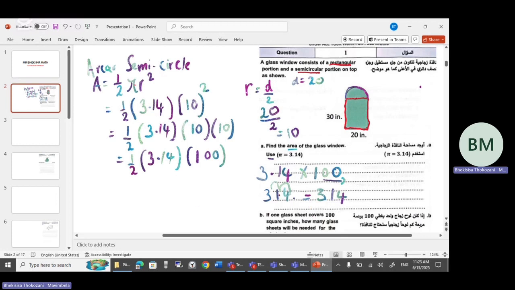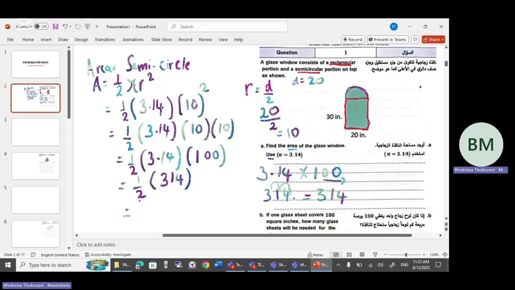So now I no longer have 3.14, but I have 1 over 2 multiplied by 314. And this 100 is no longer there because I've already multiplied with it. I hope you are still following.